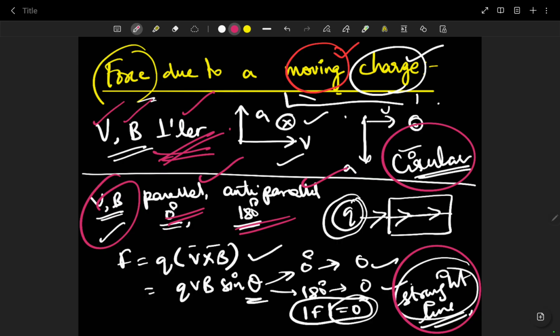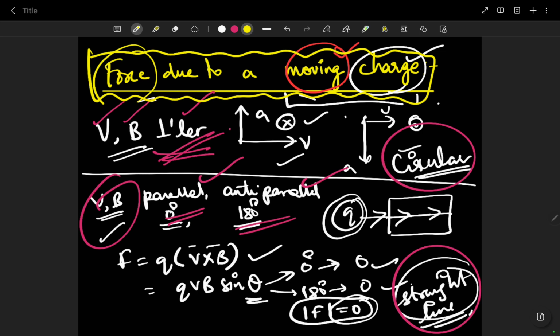So we should know how to judge the motion of the particle, or motion of the charge to be specific, in that magnetic field, right? So I keep on reiterating the heading of this topic: force due to a moving charge. You should know this moving charge is entering into a surface that has a magnetic field established because of ongoing current in it. So in this situation, how will your force come into the scenario?